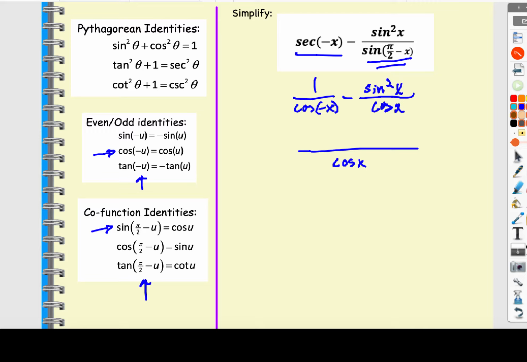Now notice again, because we got rid of that negative on the left here, right, as far as that cosine goes, that means we had cosine in both denominators. We have a common denominator, and I can actually subtract the tops. Now, taking advantage of our Pythagorean identity over here, I know that the sine squared plus cosine squared equals 1.